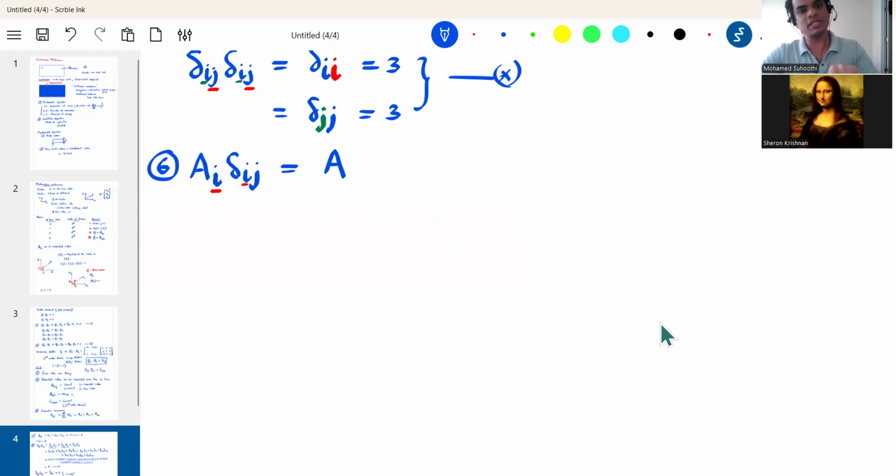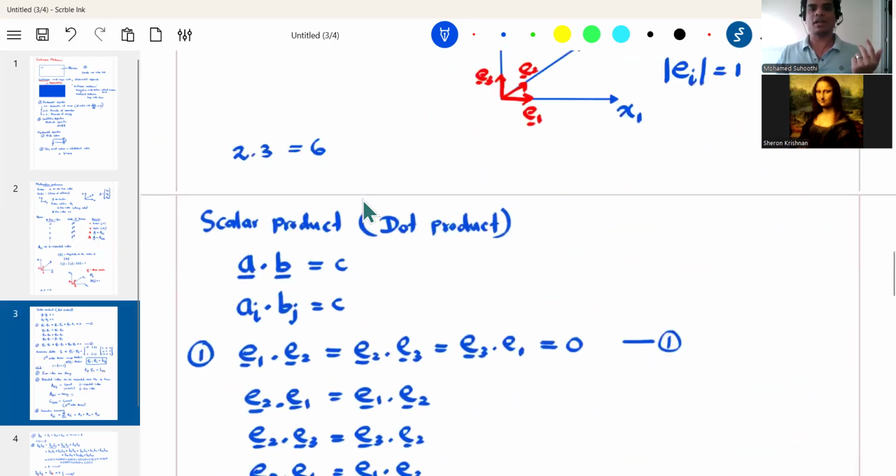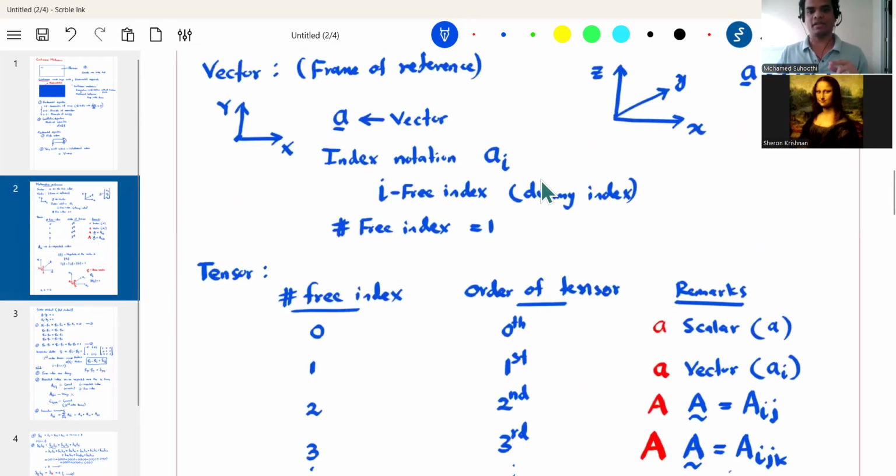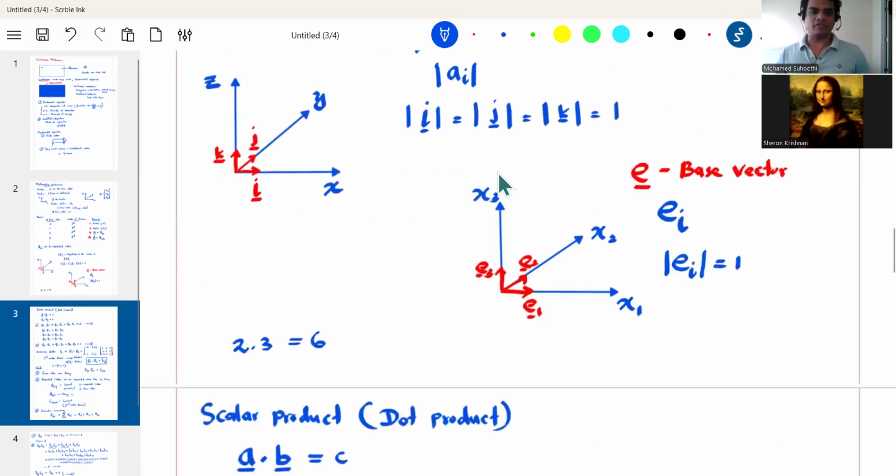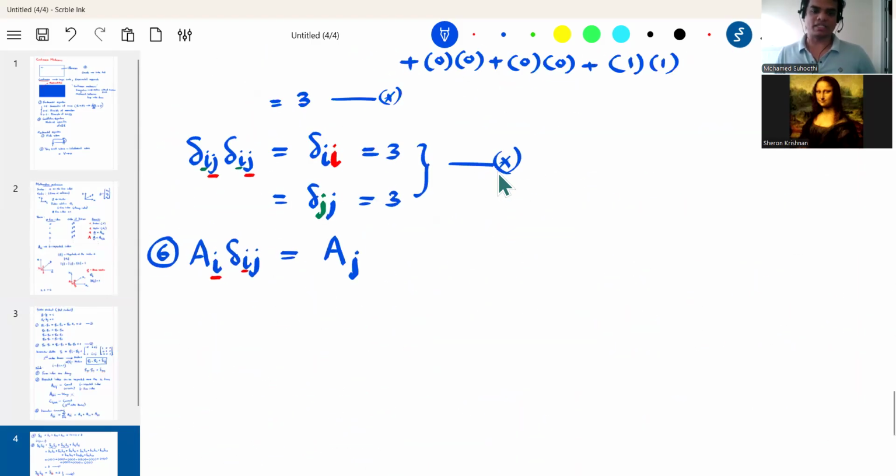You can replace it with another index. Here i is the common one. Another index, what is that? j. The answer you will get is A_j. You know, A_j is a vector, right? Because now it is a free index. We discussed already how to write a vector A_i. So here, this is a vector. So finally, we get the answer A_j.